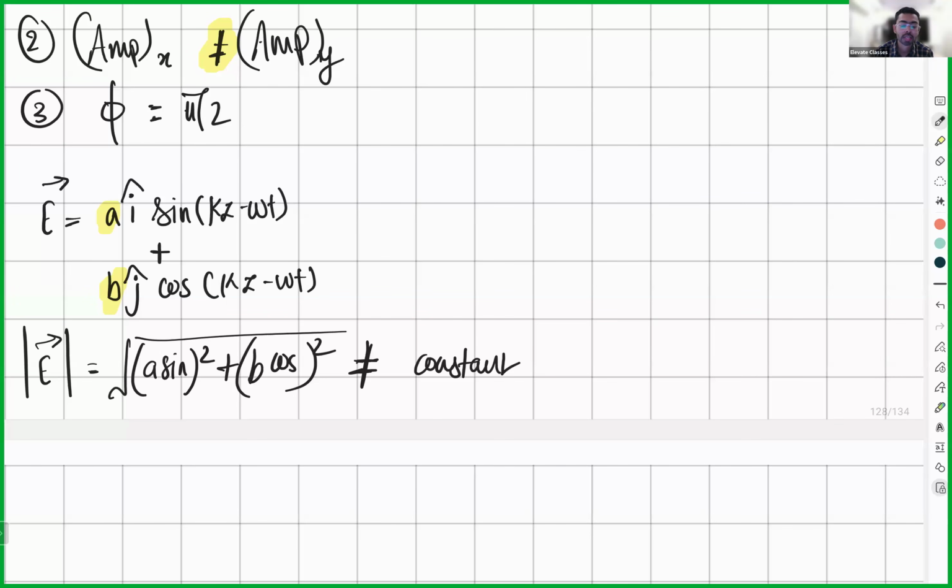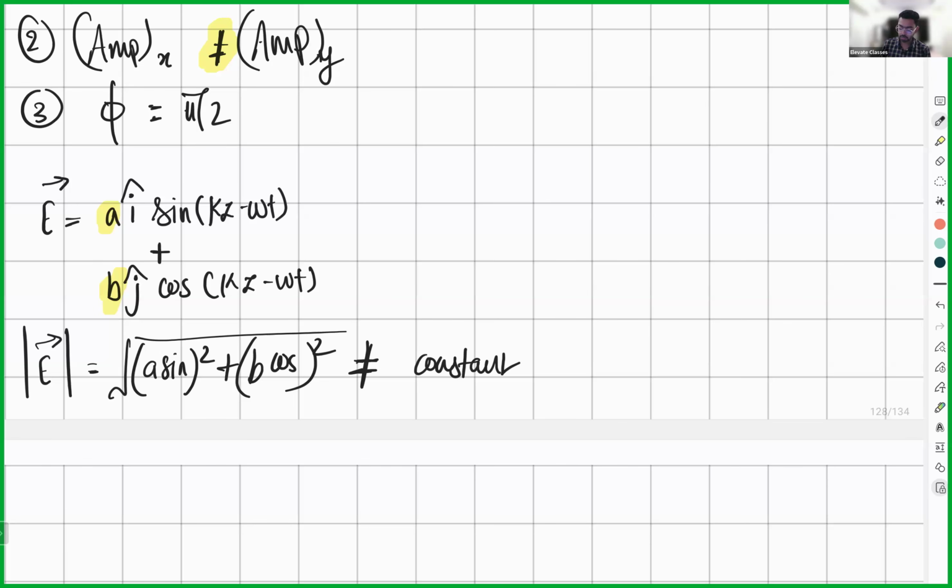So you can never make sine square plus cos square equal to 1. There will always be some sine square term or some cosine square term remaining in such cases, right? So this is not a constant because you have kz minus omega t over here.